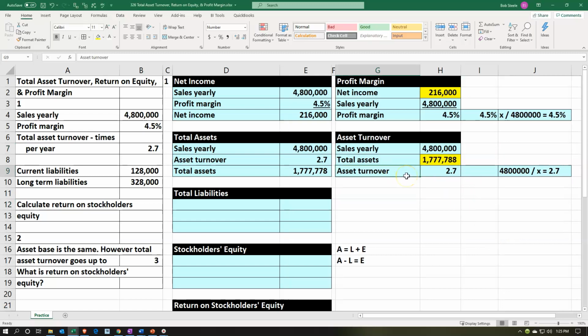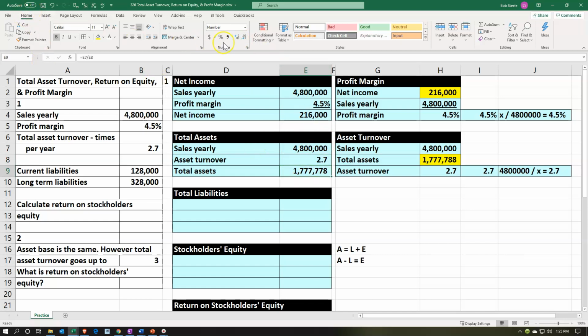We do have some rounding differences here, note, because if I do this division, this divided by this, let's add some decimals, home tab, numbers, add some decimals. So that's the 2.7. But if I was to do the calculation over here, we're going to take the 4,800,000 divided by the 2.7 exactly, and we're going to get something slightly different.